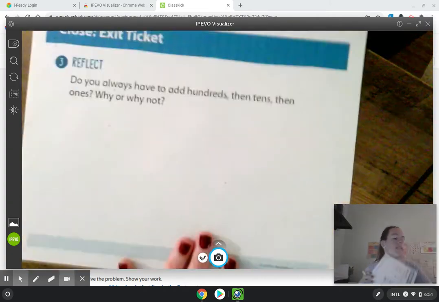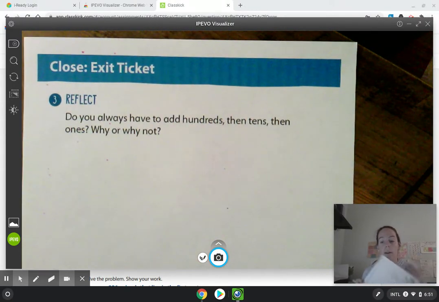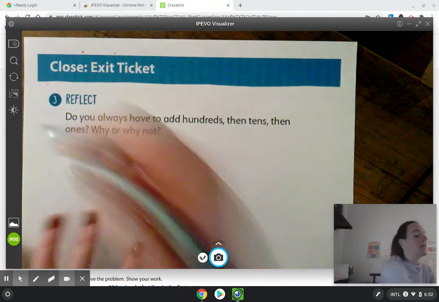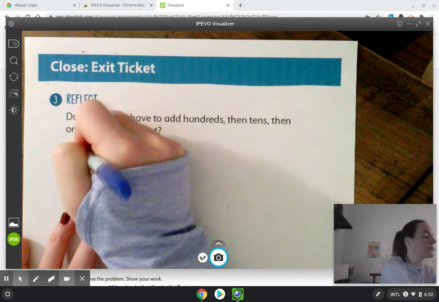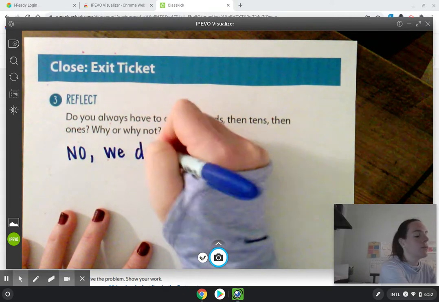So let's think. Do you always have to add the hundreds, then the tens, then the ones? Why or why not? It's kind of hard. Do we have to add first the hundreds, then the tens, and the ones? No, we don't, right? We can add in any order.